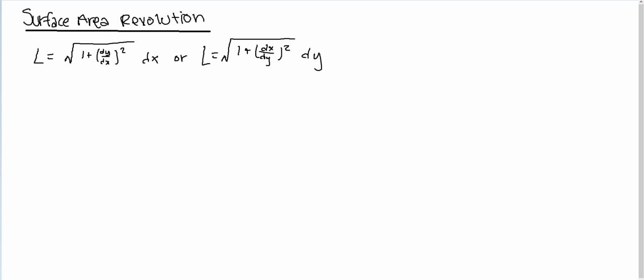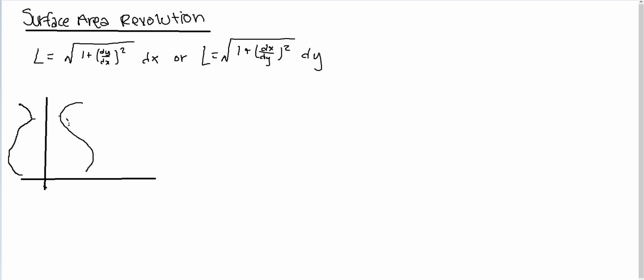So let's say we had the graph as follows. And we figured out that the arc length looks something like this. If we were to rotate this arc length 360 degrees, or 2 pi, around the y-axis, we'd get something that looks like a vase.